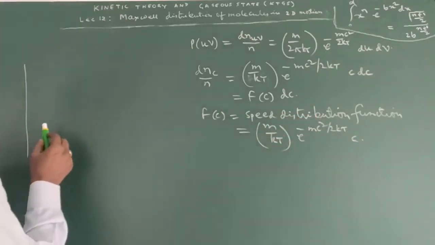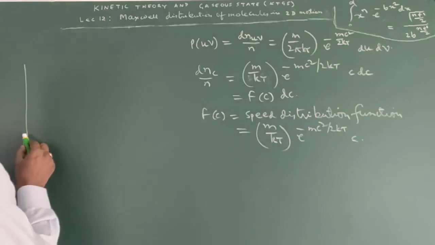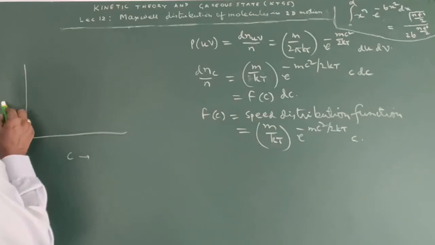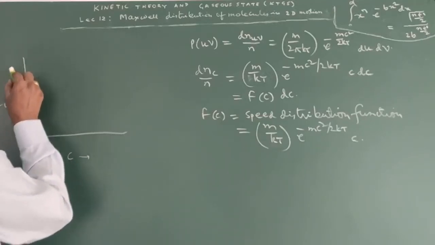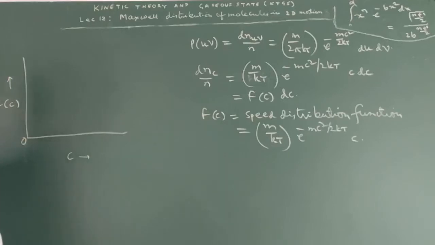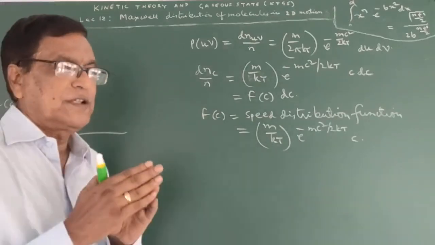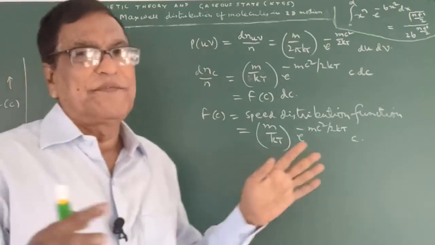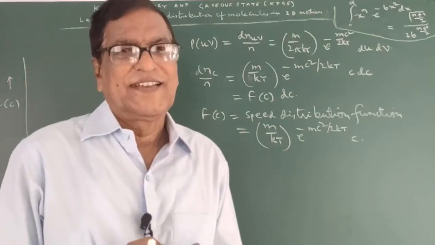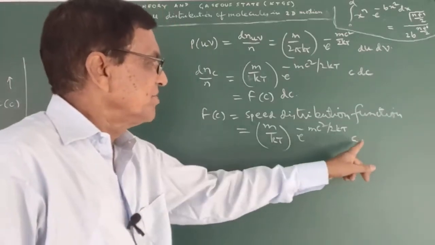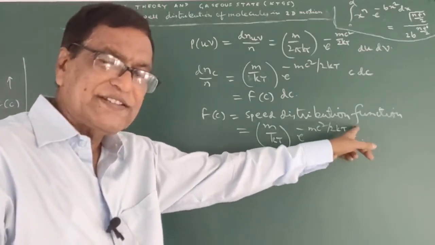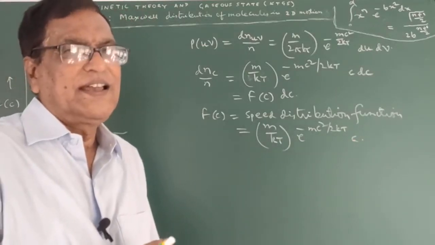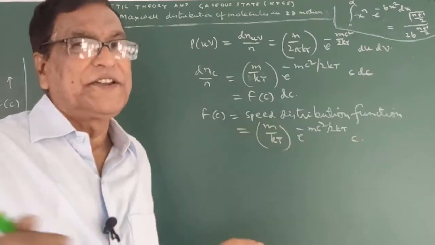So here c and here f(c). It is the origin. So f(c) is plotted against c, as we have done in earlier cases. So when c equals 0, here a single component is there, c not c square, as c will never be negative.